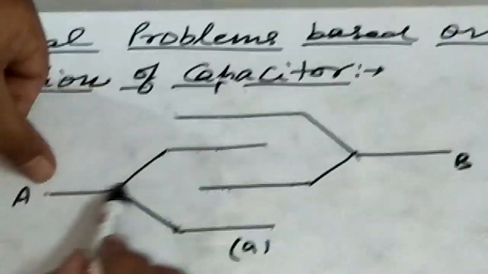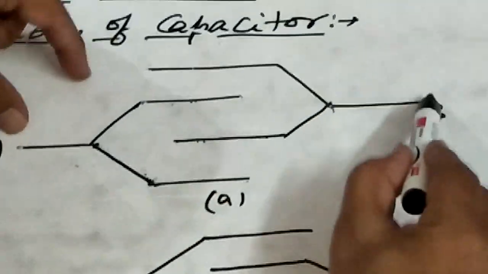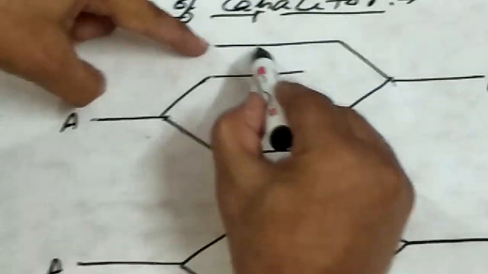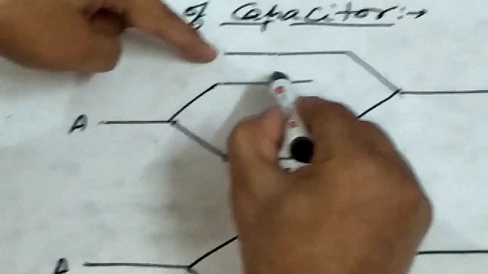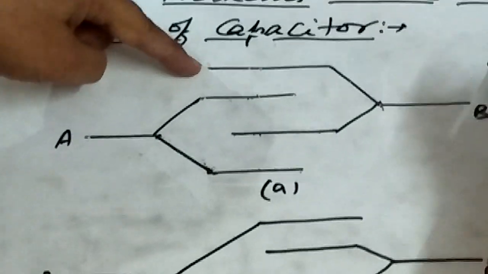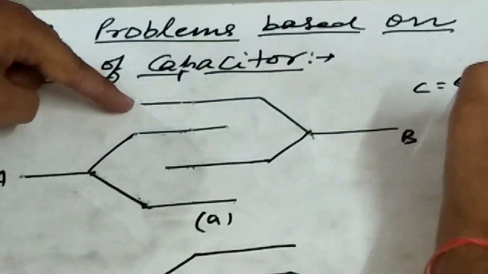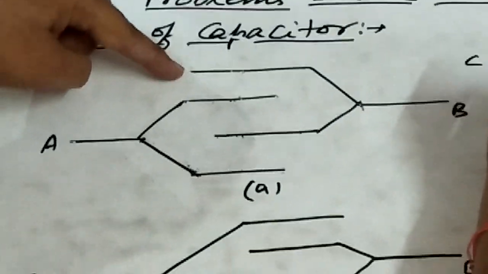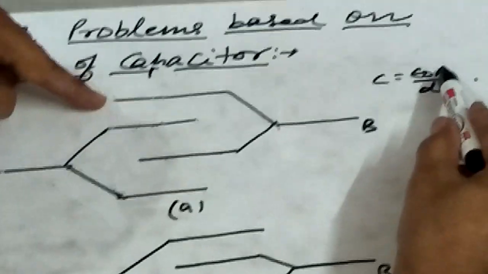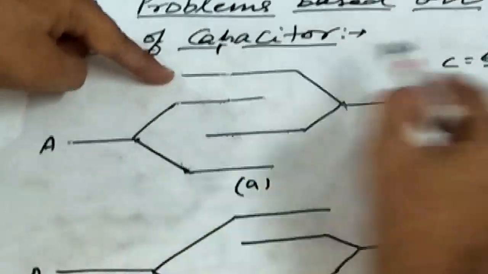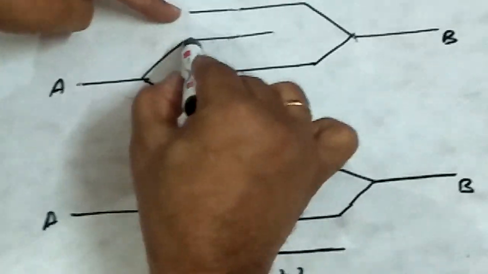In this case, this one is a plate of A, this one is a plate of B. So this will form one capacitor, and suppose its capacitance is C. So you can write C is equal to epsilon naught A upon D, where A is the area of each plate and D is the distance between them.